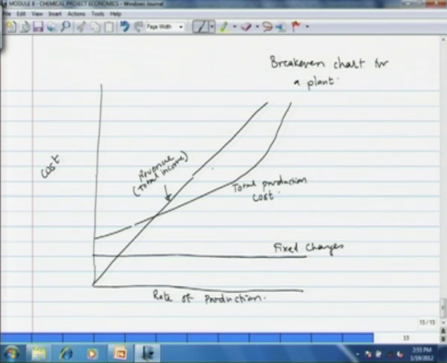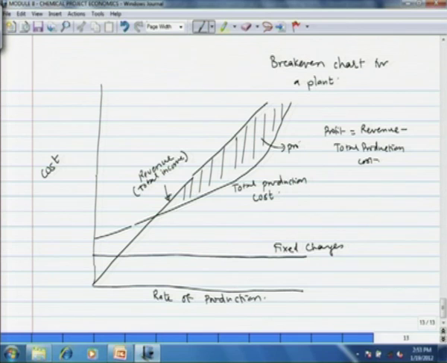Now, obviously, the profit is equal to the revenue minus the total production cost. Therefore, the region between the production curve and the revenue line, the one which I am hatching now, is the profit region.